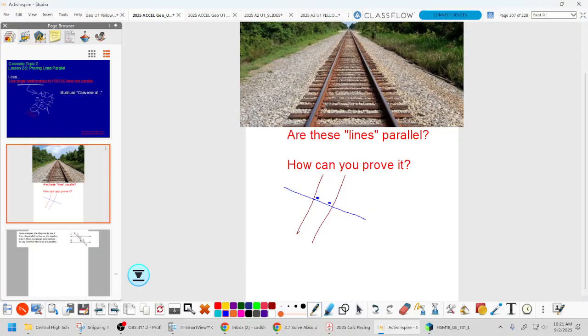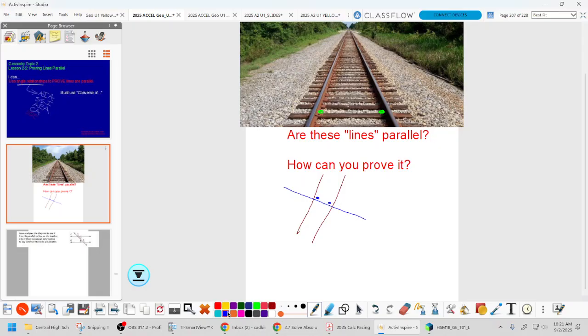And up here, that would be like here. Let's use a different color for that. Here and here. Do you see the analog there? Okay, so you come up to this track and you measure those angles. What has to be true about them? If the lines are parallel, then what has to be true about these two?